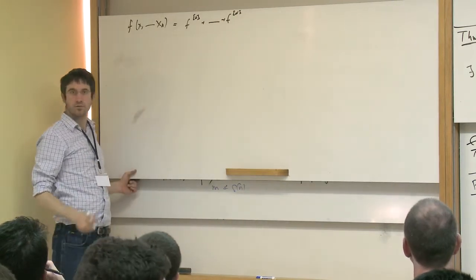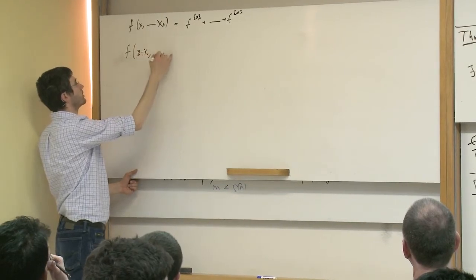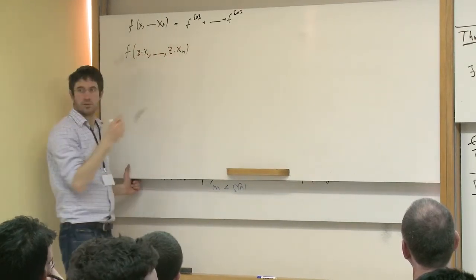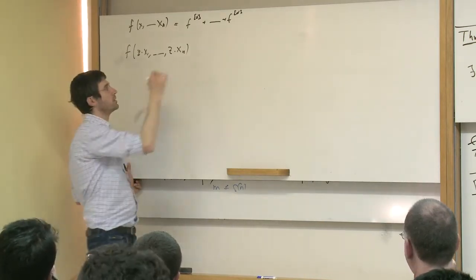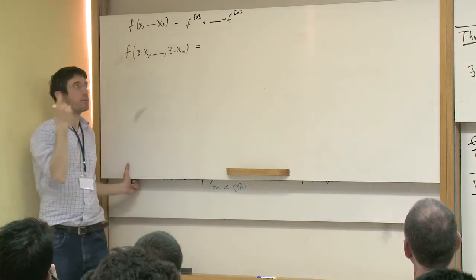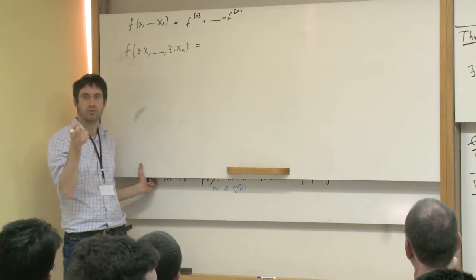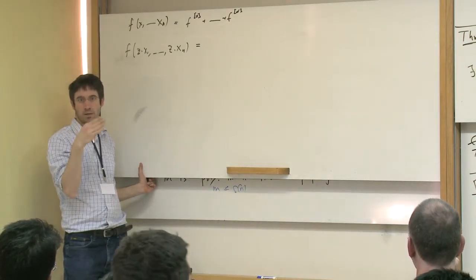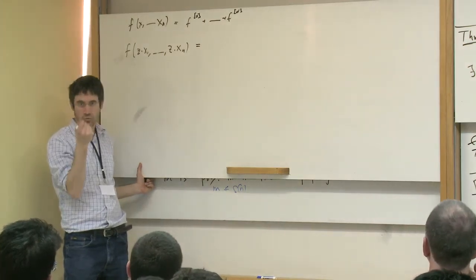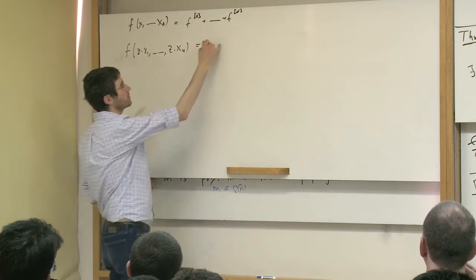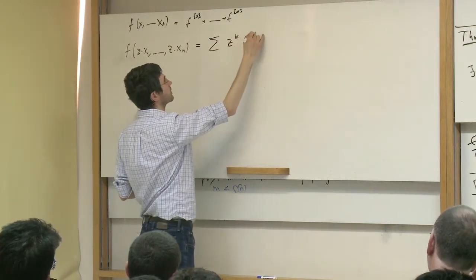Let's do the following simple substitution and consider the polynomial f of z times x1 up to z times xn. So we multiply every variable by a new variable z. When you have a monomial of degree k in the x variables, what will happen to z? Whenever you have x1 to the e1, you also get z to the e1, and x2 to the e2 gives z to the e2. So basically, this will give you a summation of z to the k times f k.